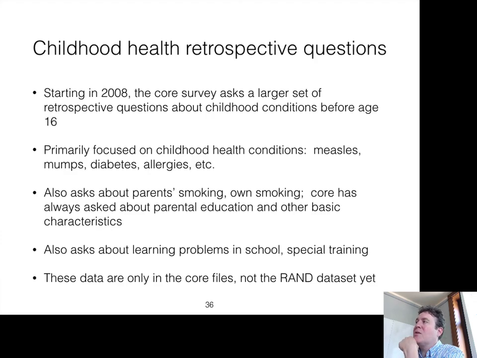Prior to that, there are some limited questions on childhood health and conditions. But if you want to measure everything, unfortunately you're stuck with the people who were alive and responding in 2008 and later. So this gives you an amazing look into things: measles, mumps, diabetes, allergies. Allergies is a great one. It's not specific, but at least it asks about allergies, which is kind of cool.